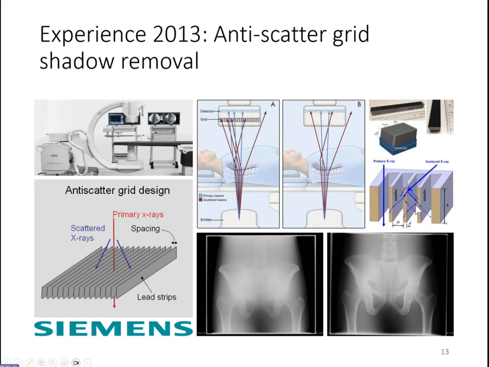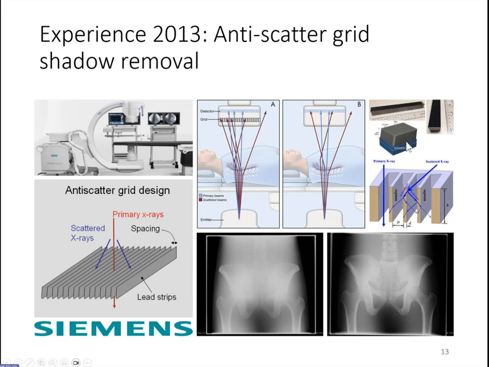The grid is used to keep the X-ray only in certain preferred directions, so that it can reduce the effect of diffraction.